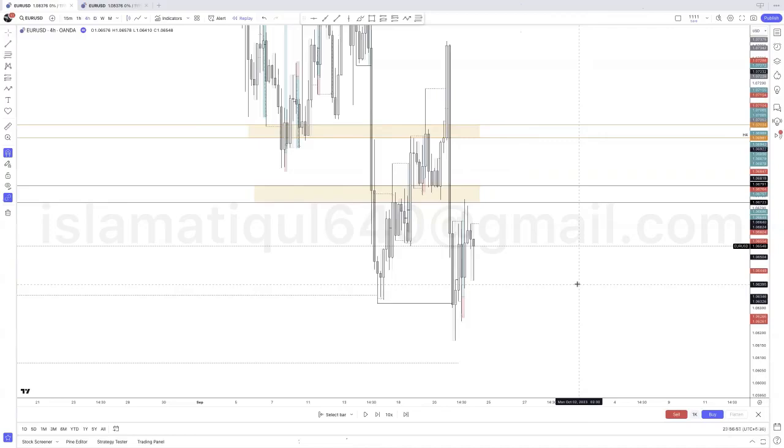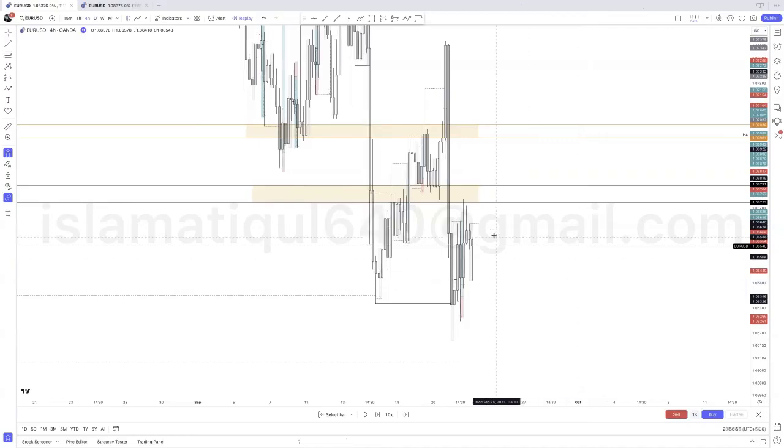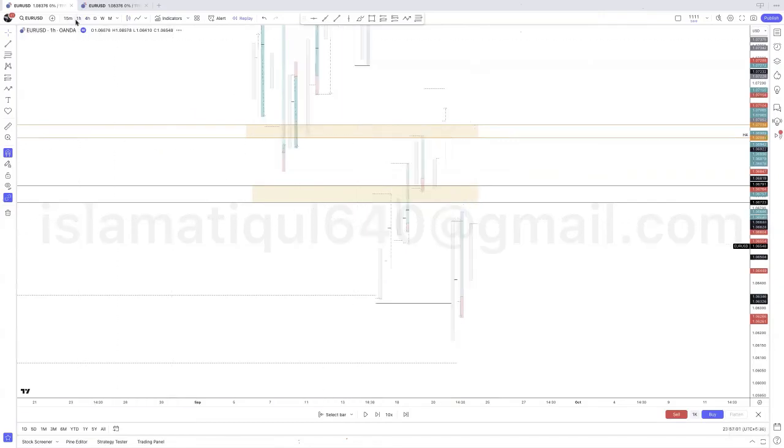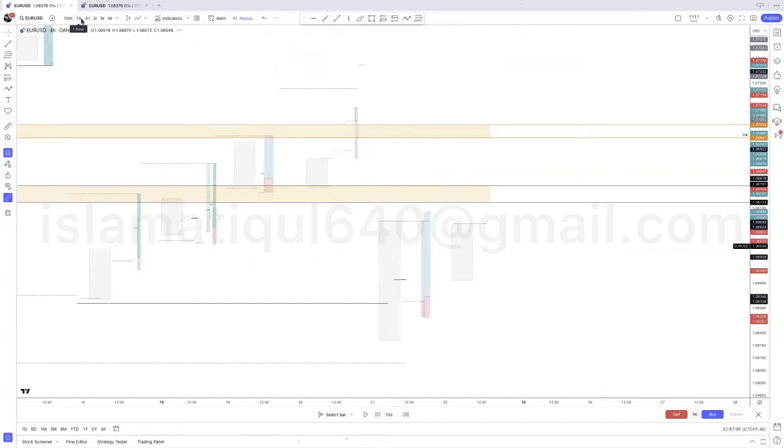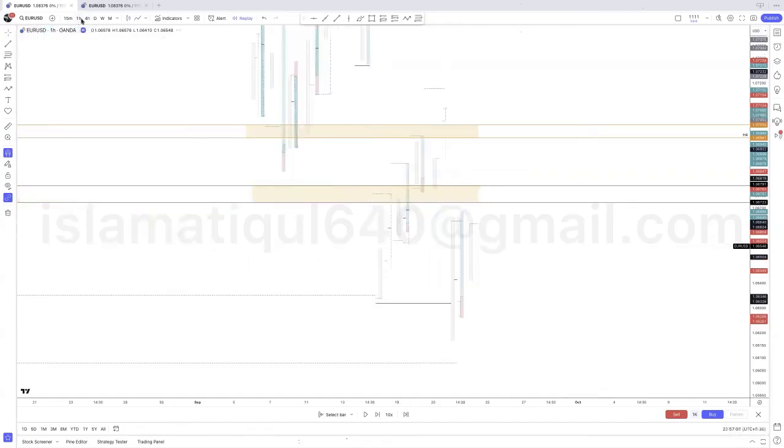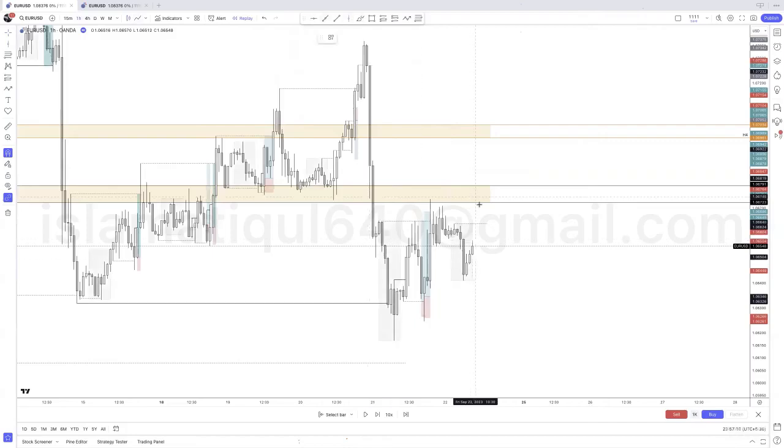What's happening here? I think we might see a sweep of the Asian high and then a good drop, right? Because the market is bearish. Yeah, not very sure. So let's wait for the time and then take the trade. I'm not very sure what to do here.